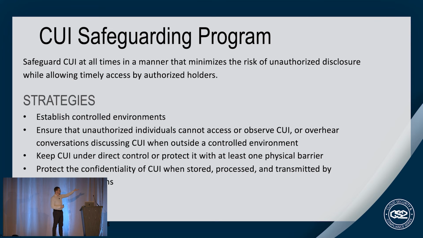Also making sure that all those conditions are met in that controlled environment, and then also when we're outside of a controlled environment. So if we are at a coffee shop or whatever it might be, what are my minimums? Keeping that CUI under direct control. A lot of people don't give themselves enough credit for controlling CUI. That bag is a controlled environment if it's providing at least one physical boundary.